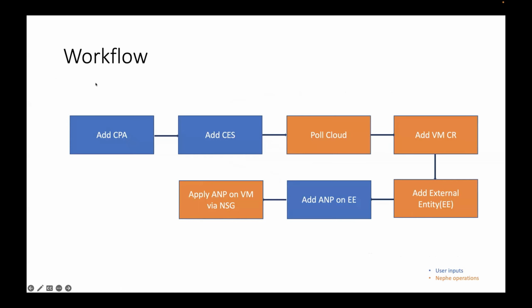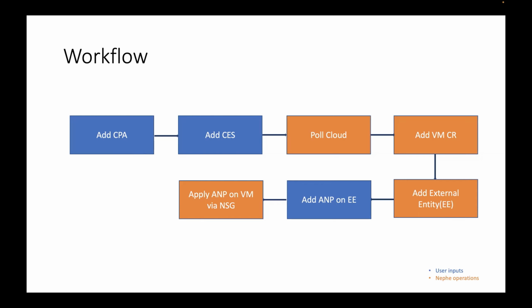A high-level workflow of how things work in Nephi. The boxes which you see in blue are user input, and then these are the operations we do in cloud. I'm going to talk about each of these one by one. First, the user would add a CPA object which carries credentials and secrets. Once the CPA object is done, you specify which resources you want to be imported.